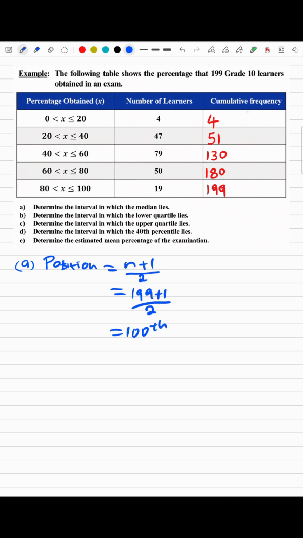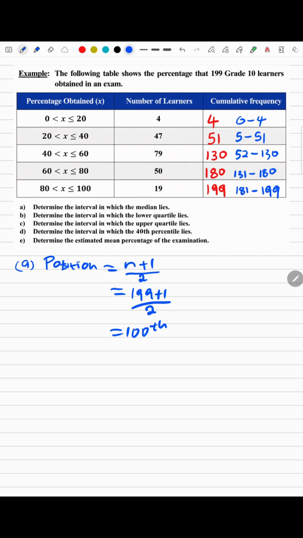So the first interval is between 0 and 4. Then the second interval is between 5 and 51. Then the third one, 52 to 130. Then the fourth one, 131 until 180. Then the last one, 181 to 199.